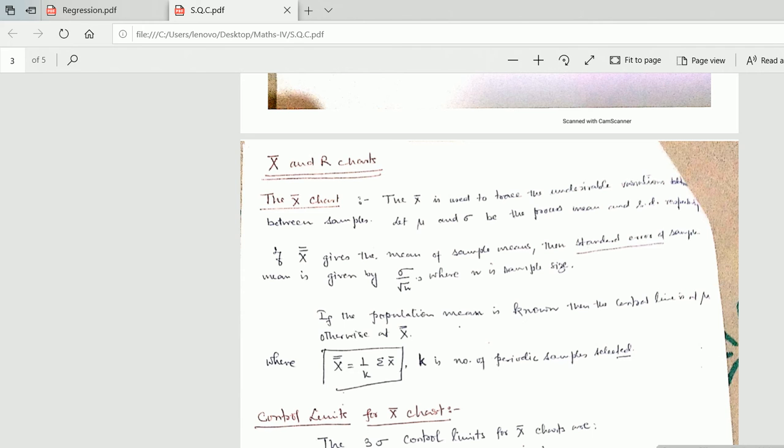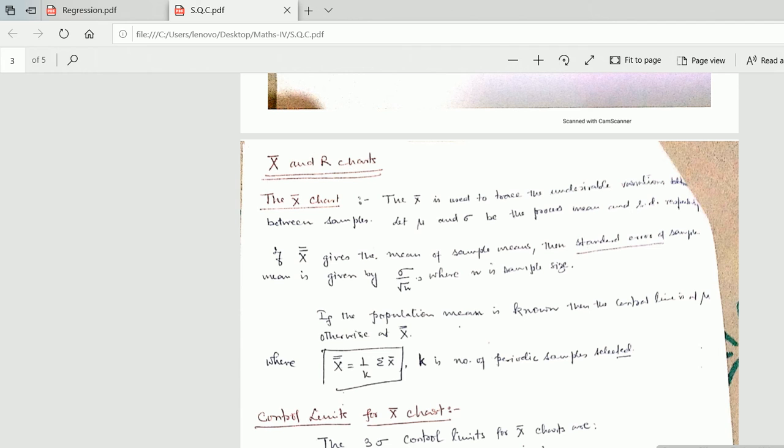Now see, how will you find the X bar and R charts? The simple definition is here. The X bar chart is used to trace the undesirable variations between samples. Let mu and sigma be the process mean and standard deviation respectively.